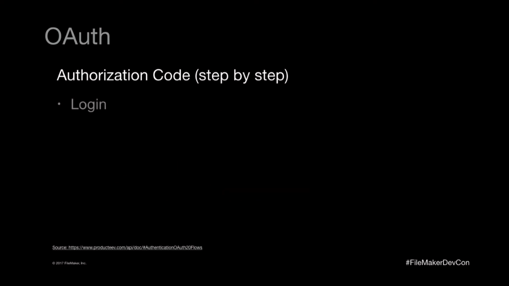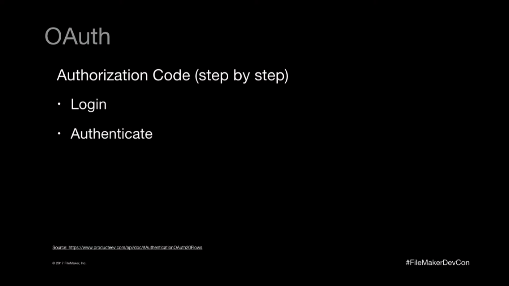Step by step, we log into our solution. We create an app, and when we create an app, they give us two values that are client secret and the access key or token, access token.